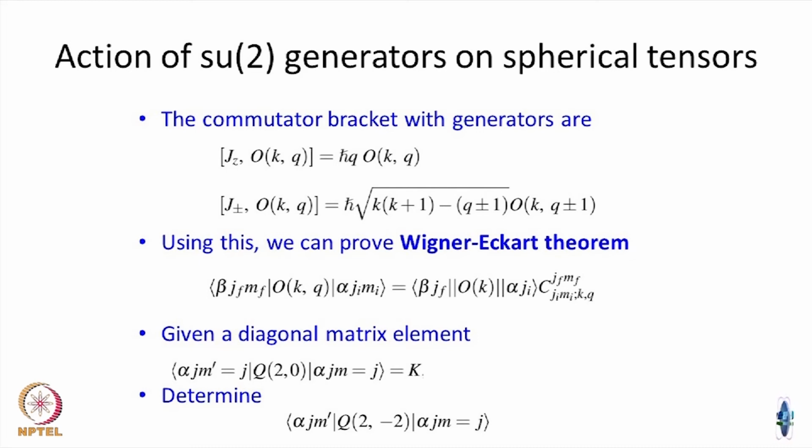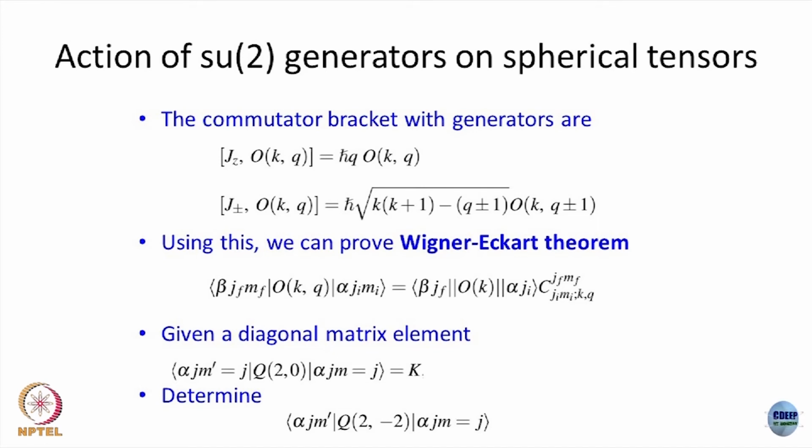You all know the properties of the Clebsch-Gordon coefficient. When will it be 0? If MF is not equal to MI plus Q, it is going to be 0. And similarly, JI composition with K has to have a JF, otherwise it is 0. So you can trivially rule out which matrix element is 0, which matrix element is not. There is a rigorous proof to show this.